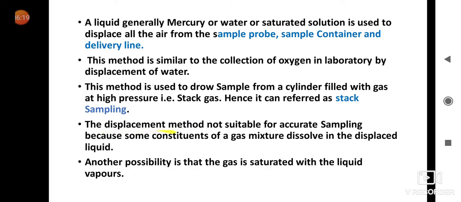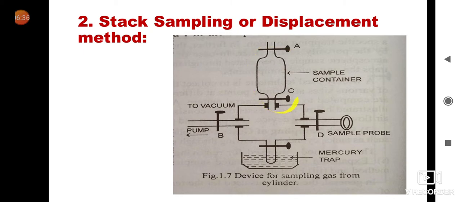The displacement method is not suitable for accurate sampling because some constituents of a gas mixture dissolve in the displaced liquid. In the container we have already filled a liquid, either water, mercury, or another liquid. Whatever gas we sample from another cylinder through the delivery line goes into this sample container.